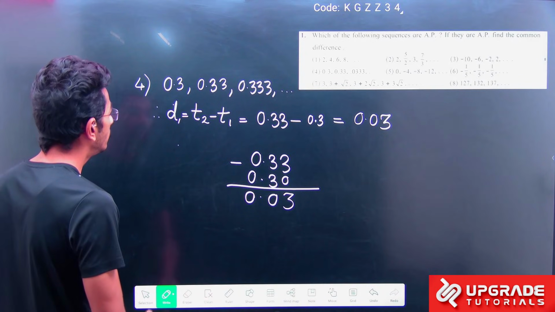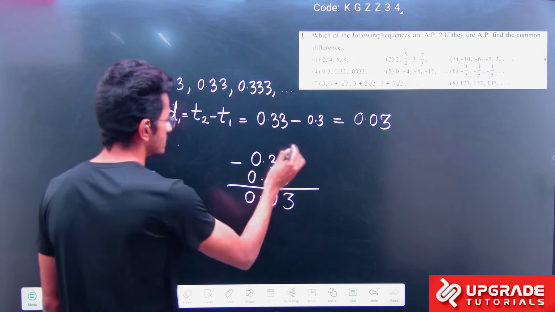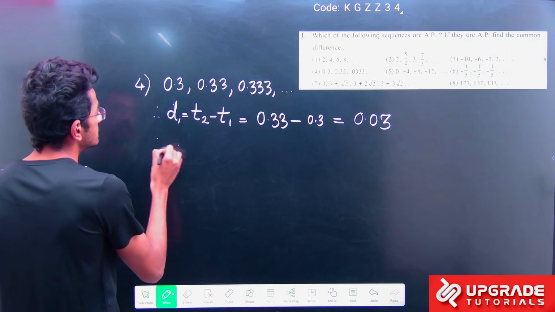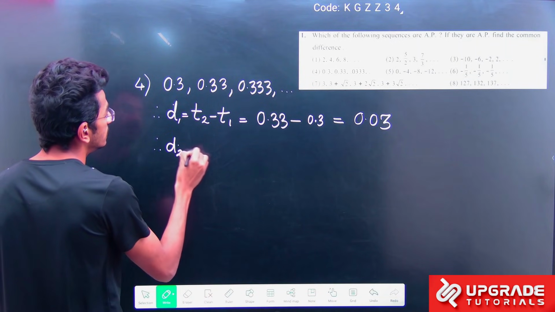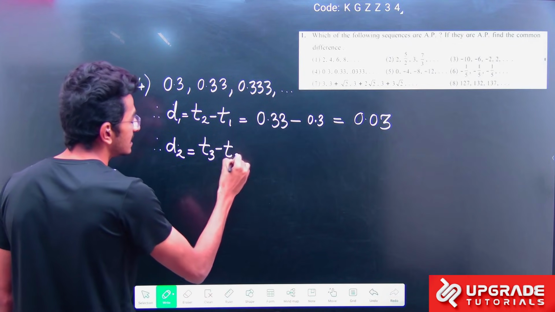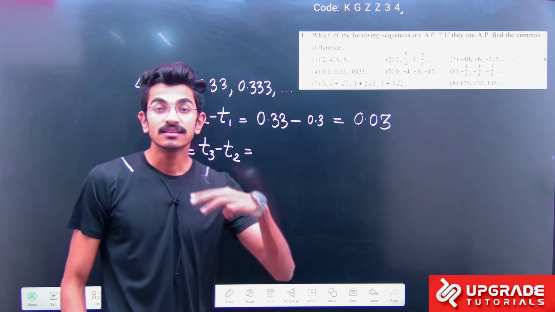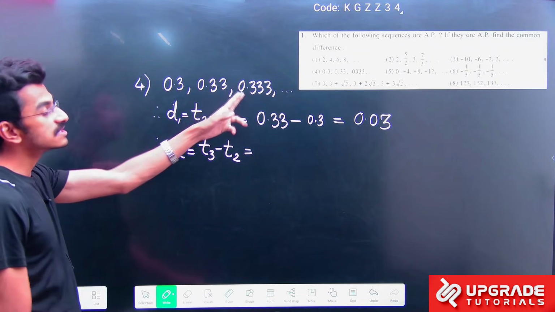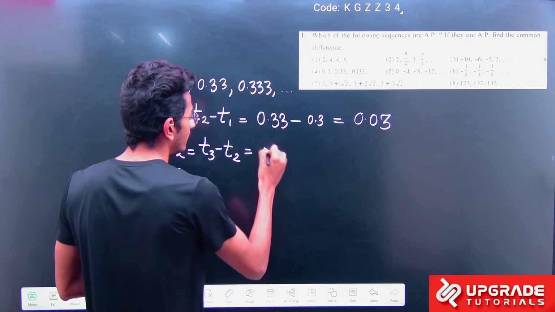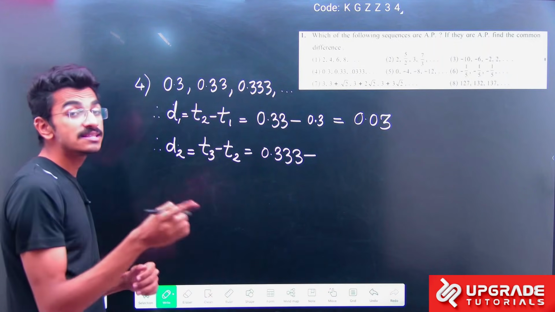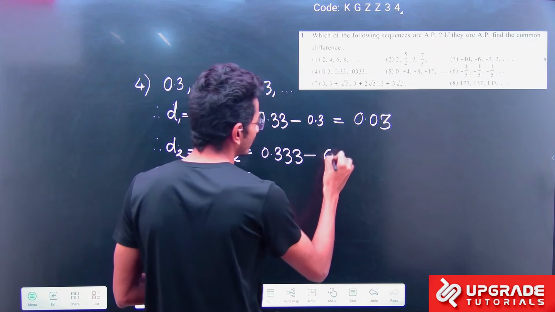Now we'll talk about the second difference, D2. D2 will be T3 minus T2, meaning the third term minus the second term. So the third term is 0.333 minus the second term 0.33.